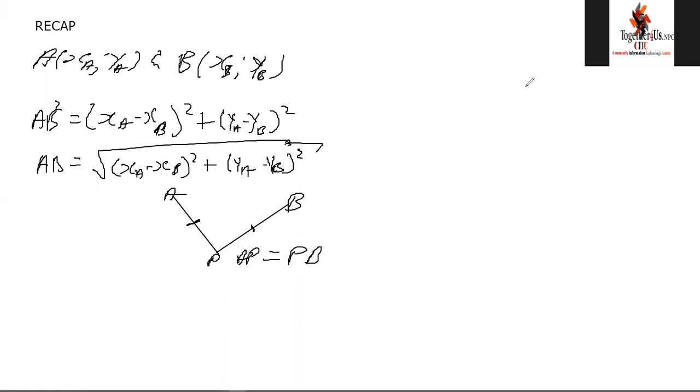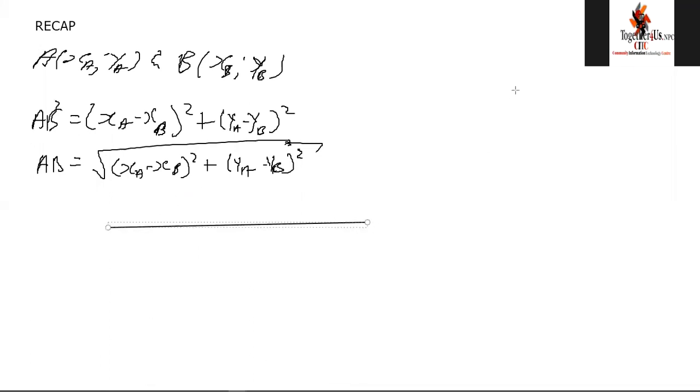Another important concept that we established in grade 10 is that if I've got a line, and this is point A and that's point B, and I've got a midpoint M, right?